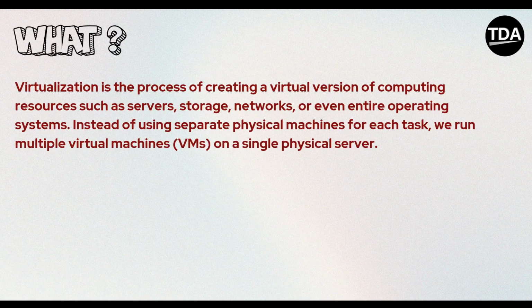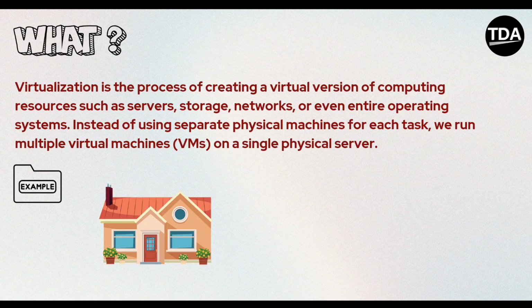Virtualization is the process of creating a virtual version of computing resources, such as servers, storage, networks, or even entire operating systems. Instead of using separate physical machines for tasks, we run multiple virtual machines on a single physical server. Let's see with an example. Imagine you own a house, but only use one room.